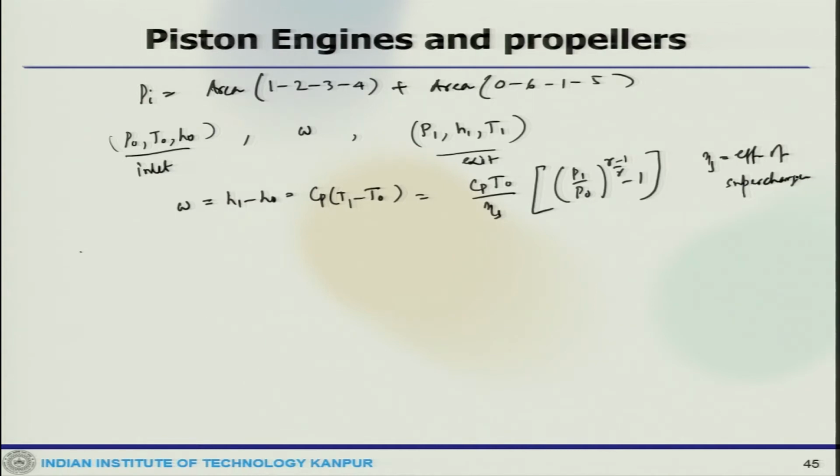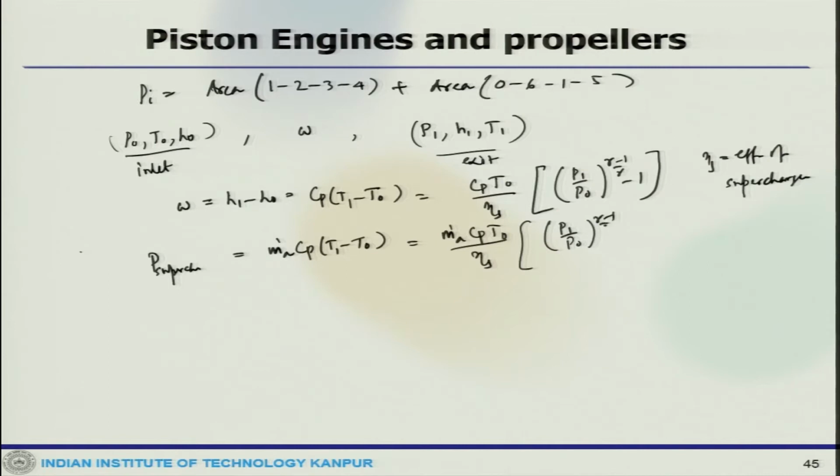The power required to drive the supercharger is then m dot A Cp T naught by eta s times P 1 by P naught to the power gamma minus 1 by gamma, minus 1, assuming a mechanical efficiency of the supercharger and the piston is eta m. So, that is the mechanical efficiency.